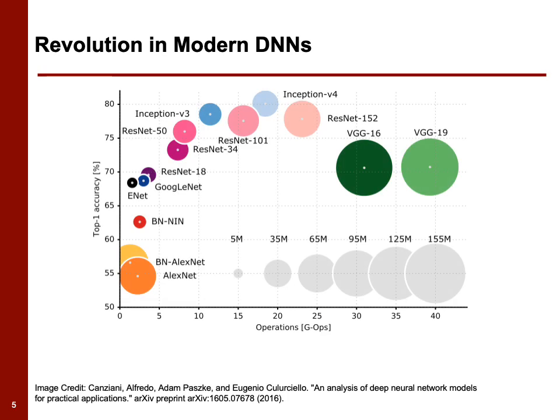This figure here shows more statistics of those models. The x-axis shows the number of gig operations needed per inference, and the y-axis shows the top 1 accuracy achieved by these models. The size of the circle represents the size of the model, in other words, the number of parameters in the model.